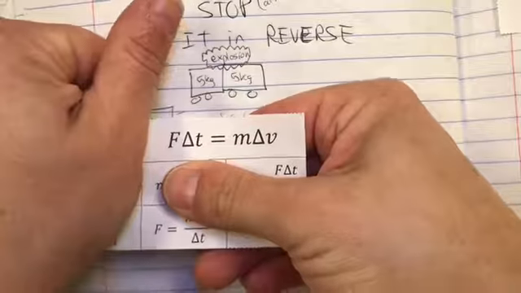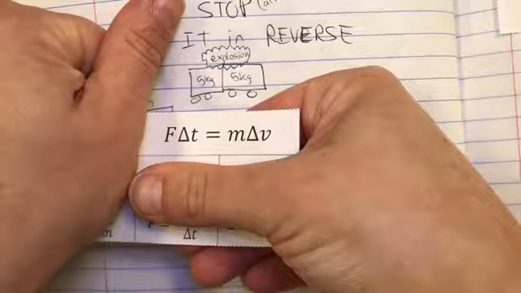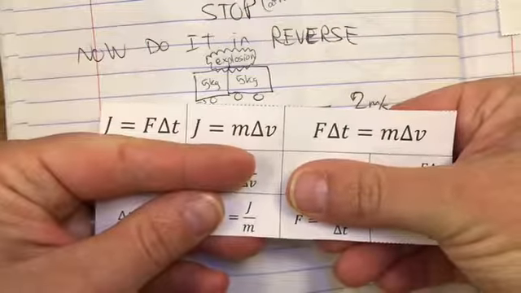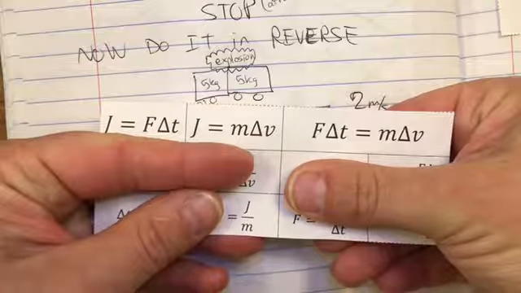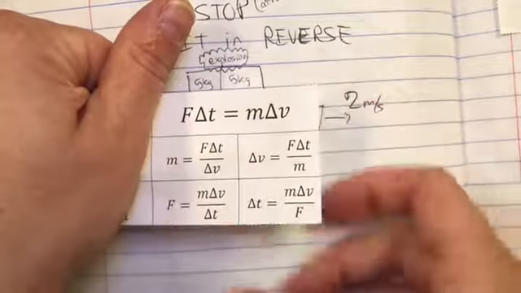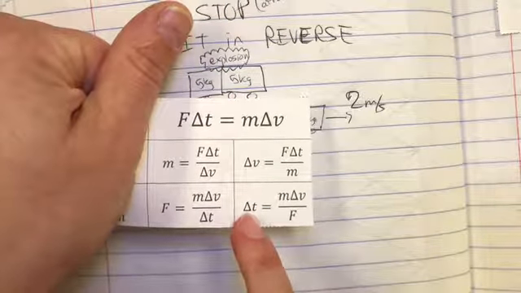Now, what we were talking about earlier, force multiplied by change in time is equal to mass multiplied by change in velocity. That's setting those two formulas equal to each other because they both equal the momentum. And now you rearrange that formula to solve for the mass, the force, the change in velocity, or the change in time.